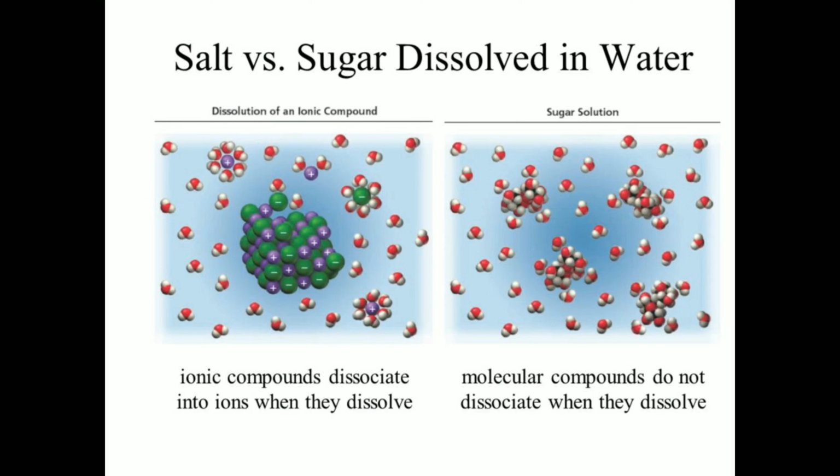In the ionic compound, salt, you can see that the individual ions, represented by these blue and green particles, separate. While in a covalent compound, the particles separate from the bulk, but they don't separate from the molecule. So the entire molecule remains intact, just is surrounded by water.